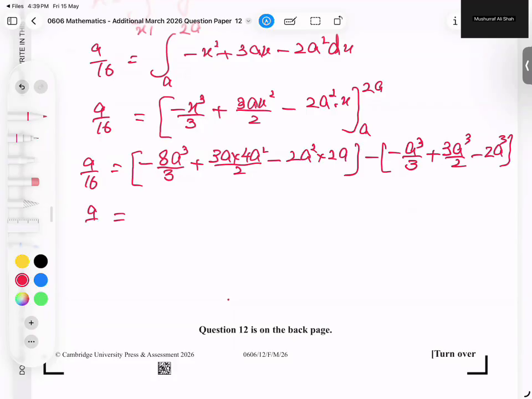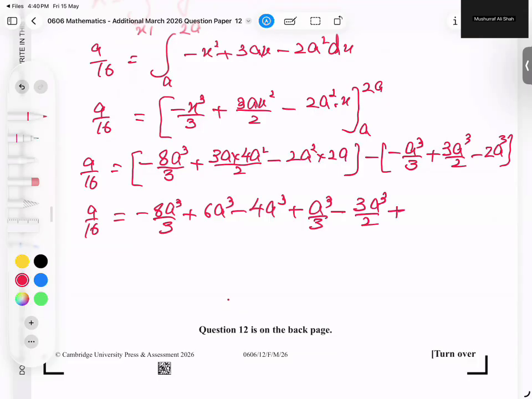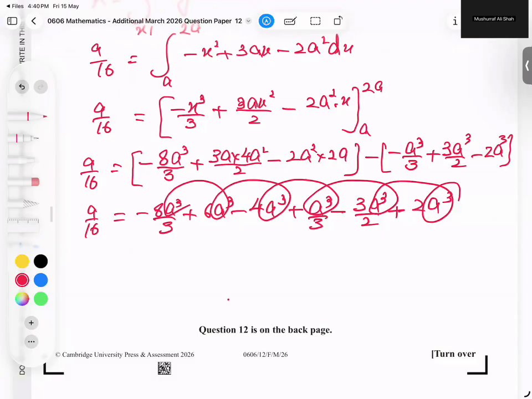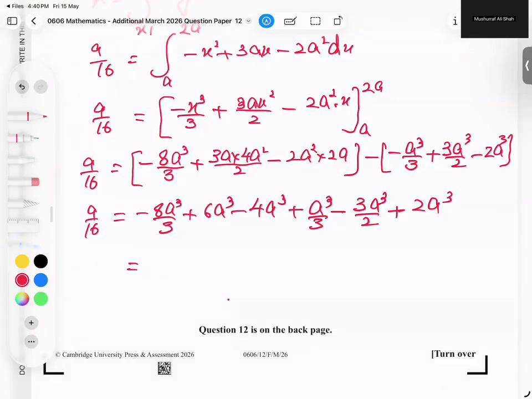Now students, 9/16, negative 8a cube over 3, 6a cube, negative 4a cube, positive a cube by 3, negative 3a cube by 2, and positive 2a cube. You can see all are a cube. I'll take a cube common, and just add and subtract the numbers beside it: negative 8/3 plus 6 minus 4 plus 1/3, negative 3/2, and plus 2. And I'm getting here 1/6 a cube.